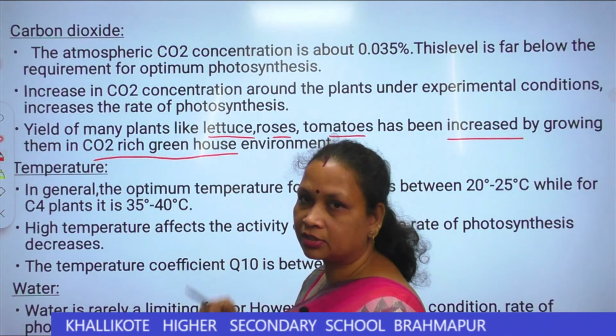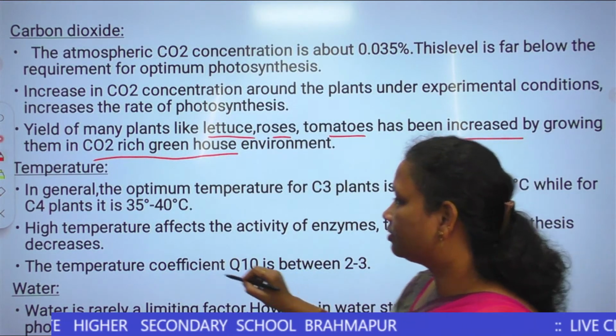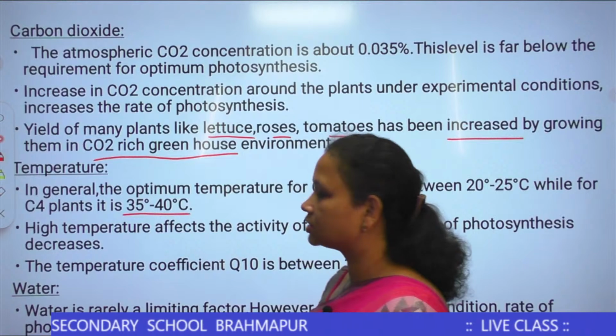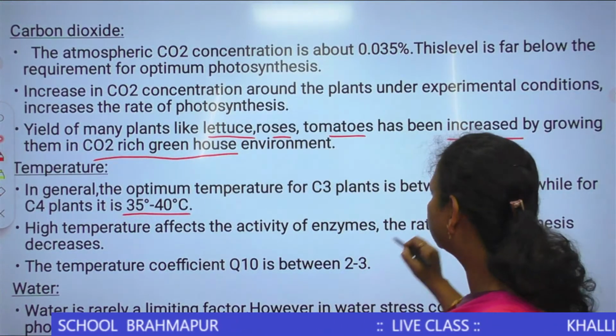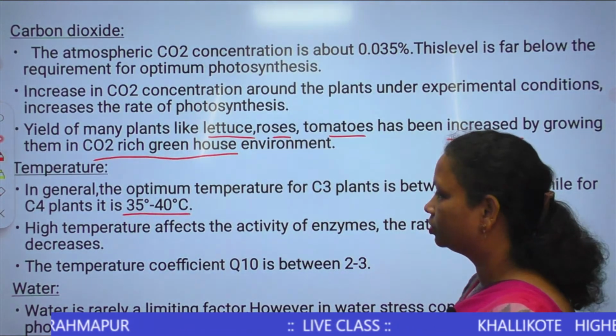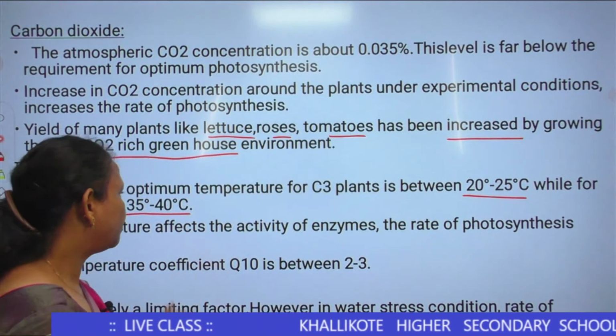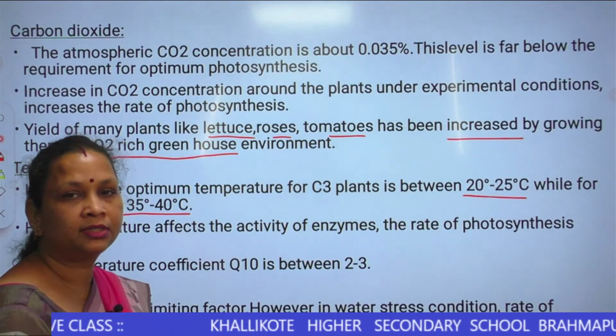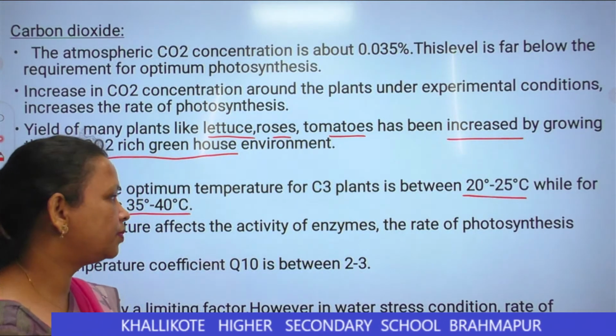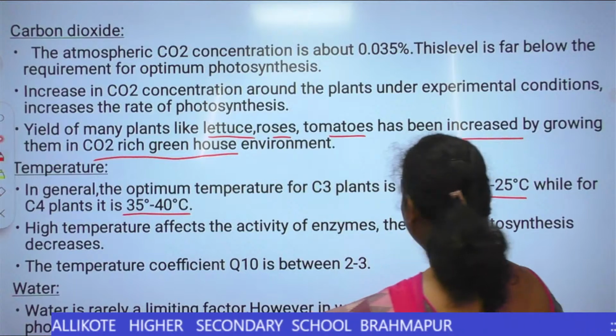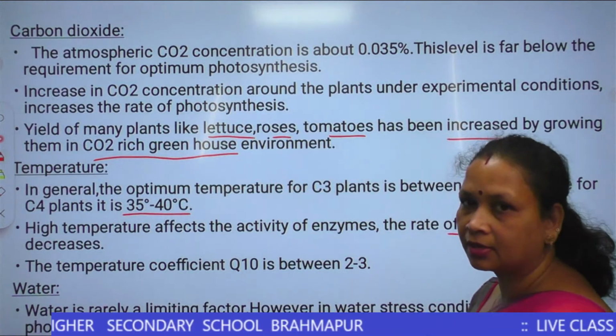Temperature wise, again we find C4 plants can photosynthesize at higher temperatures, whereas C3 plants photosynthesize between 20 to 25 degrees Celsius. Very high temperature will denature the enzymes, because the entire photosynthetic process is an enzymatic process.